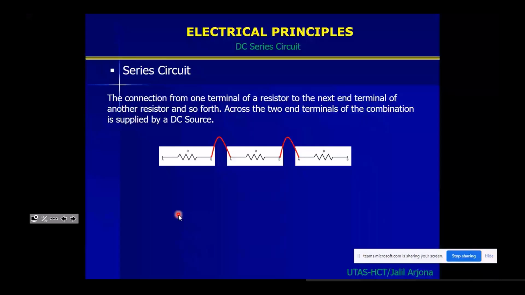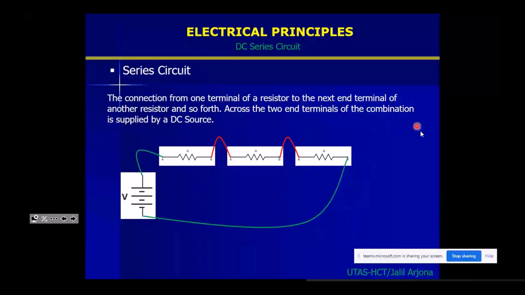Any suggestion? Power source. Battery. Yes, you are correct. Remembering the basic requirements, we need the battery. But this is not yet complete without the wires. So now this is the complete series circuit.